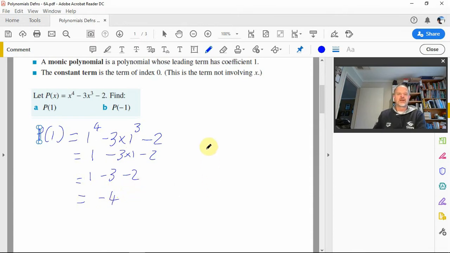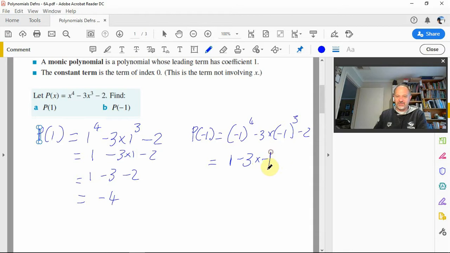And then, of course, p of -1 would be -1 to the 4 minus 3 times -1 cubed minus 2. Even powers of negatives always come out as a positive, so that's +1. And odd powers of a negative always come out as a negative.